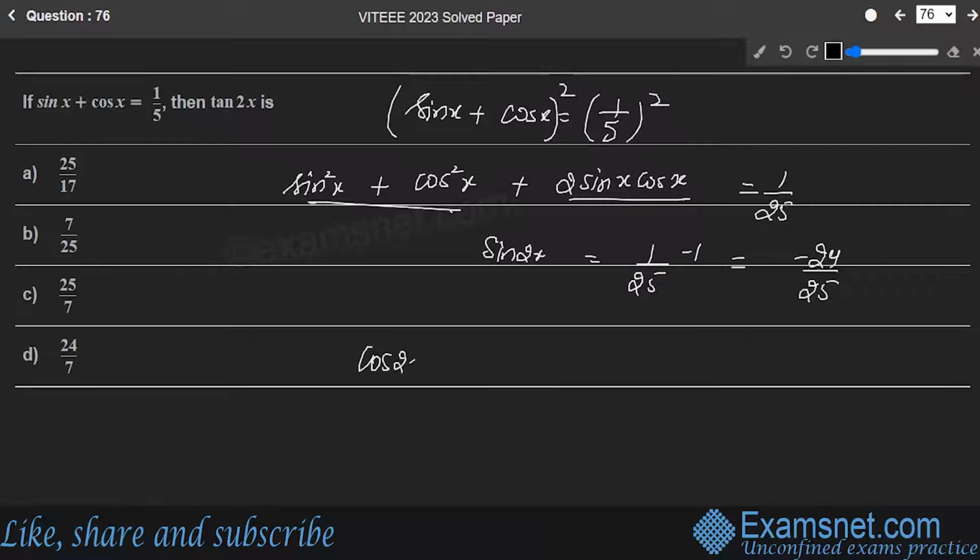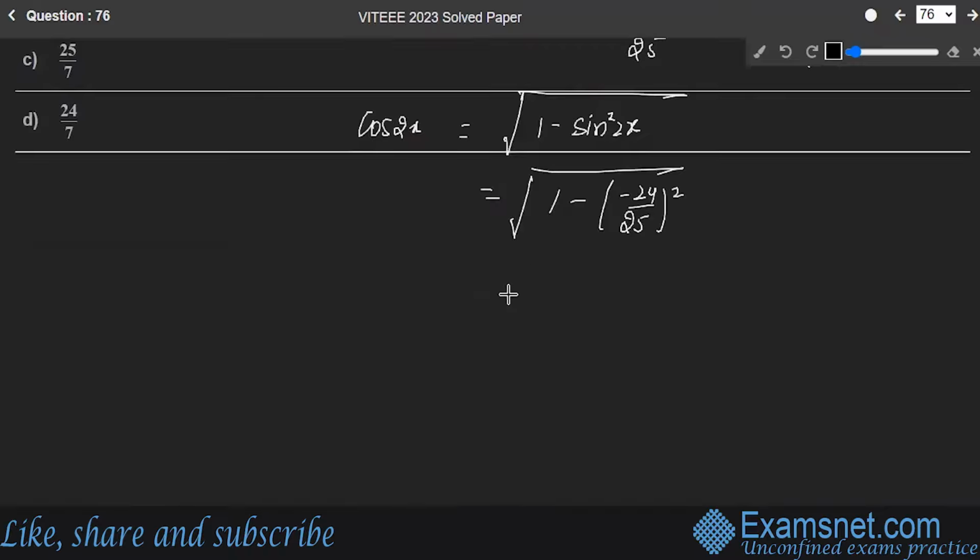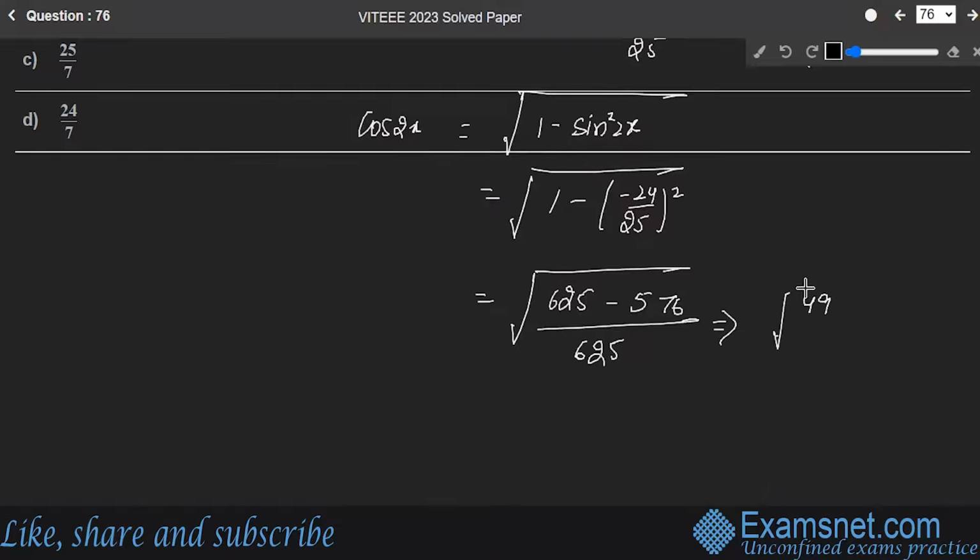Let's find the value of cos 2x. This will be the root of 1 minus sin square 2x, that is equal to root of 1 minus (24 upon 25) square. That is equal to root of (625 minus 576) upon 625. That gives you root of 49 upon 625.